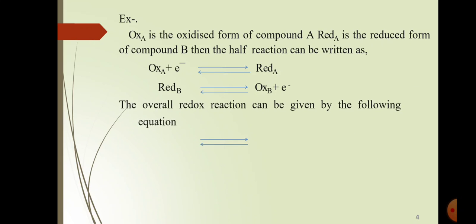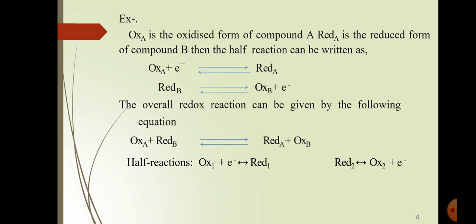The overall redox reaction can be given by the following equation: OXA plus red B reversible reaction red A plus OXB.